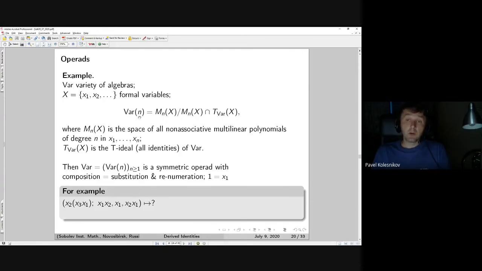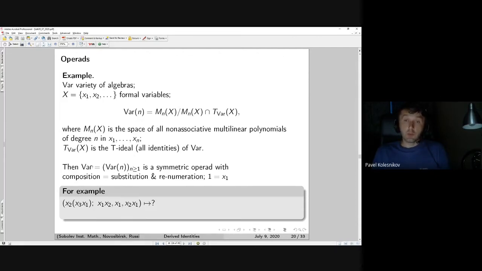This space Var_n is exactly the same space as used for calculating codimensions of a variety. This is exactly the same stuff. And we may consider the family of spaces like that as an operad, relative to a very natural composition.